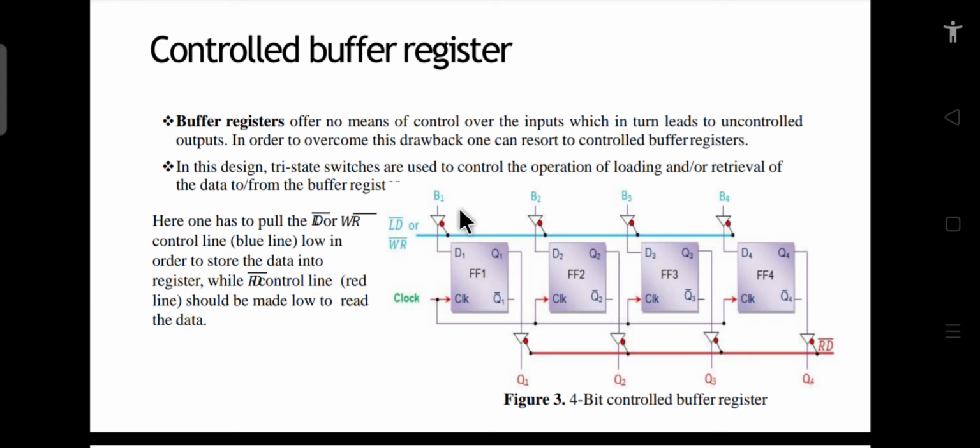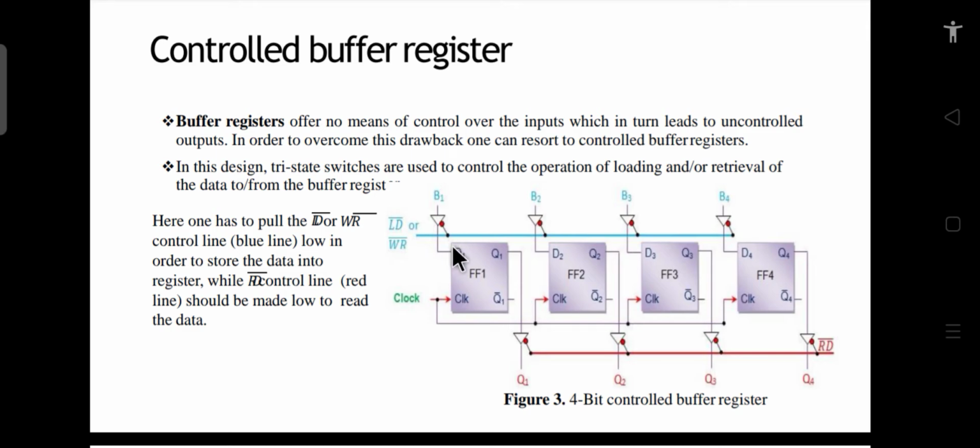To do this, the circuit is the same as the earlier one, but the only difference is that we are using a new device here, called a tri-state buffer. We use a tri-state buffer on the input side and the output side. We can use them here, or we can use some combination of digital gates as well, to control this.